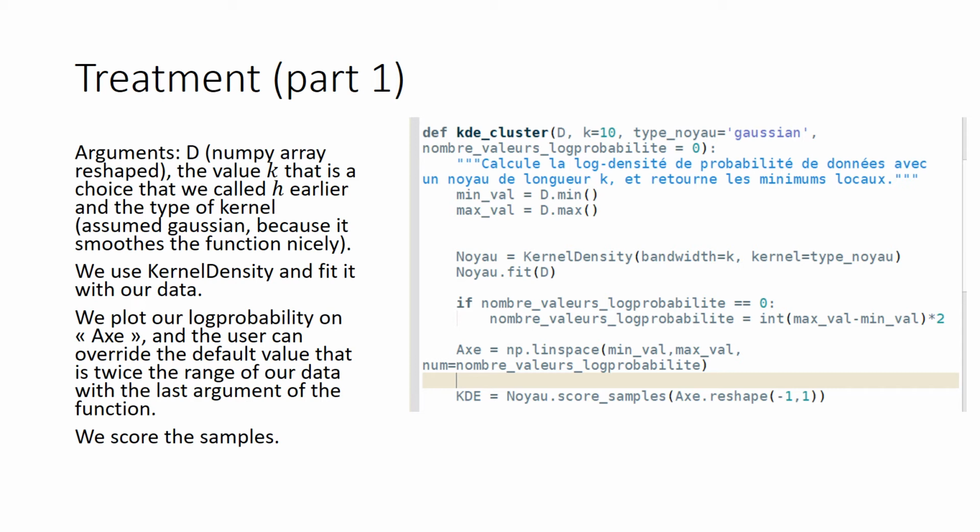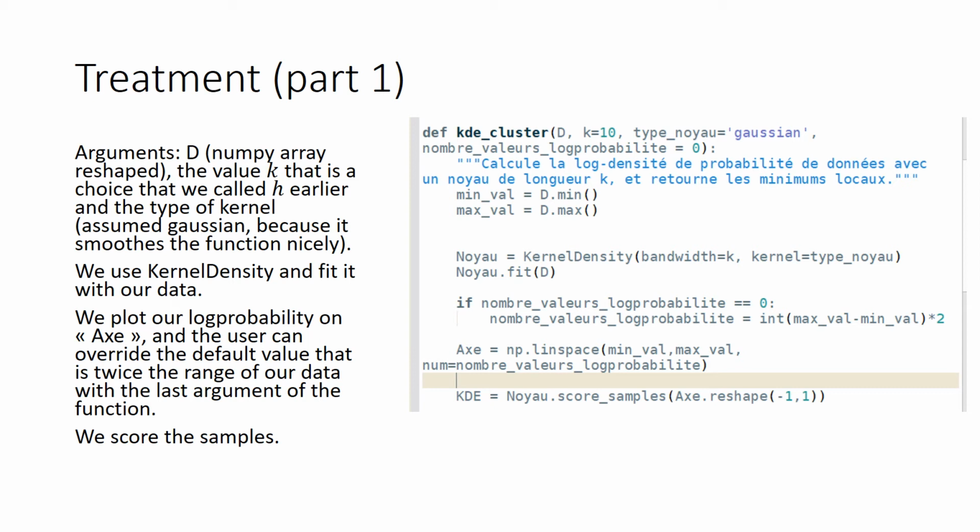The object noyau now contains the data D. And then we have to score the samples later.